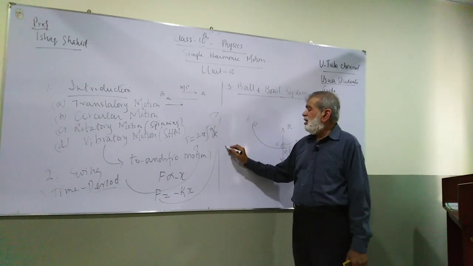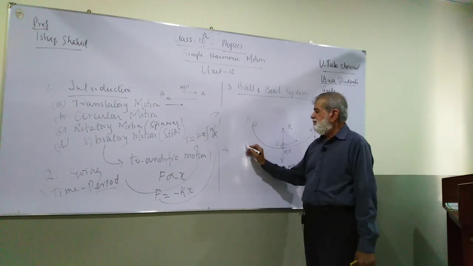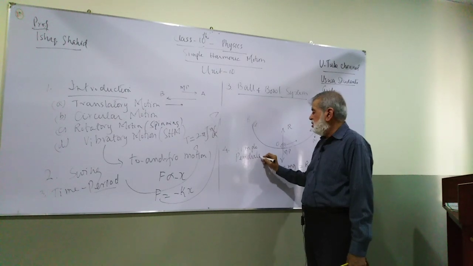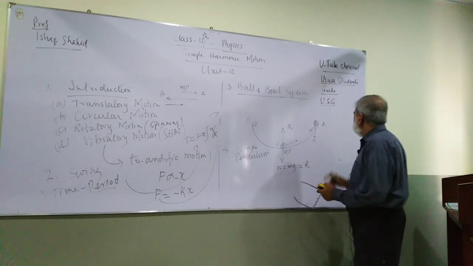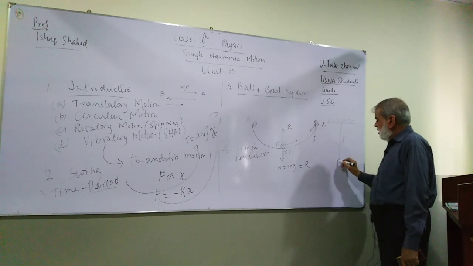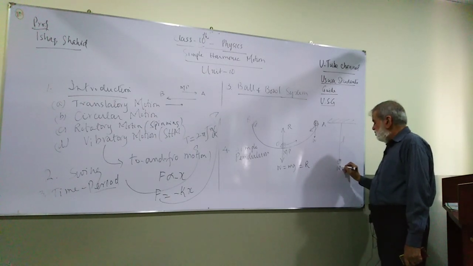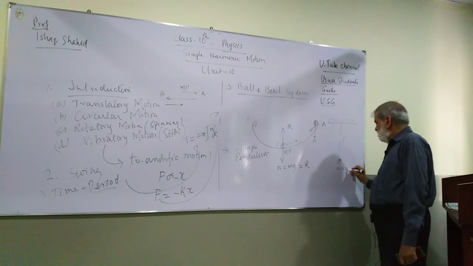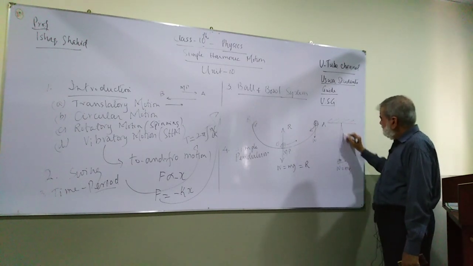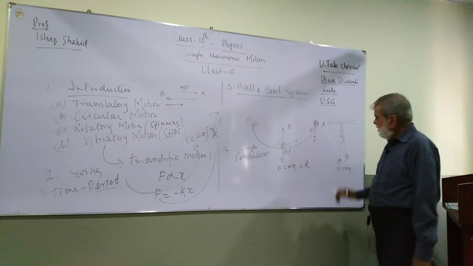We take another example. Now we take the example of a simple pendulum. In a simple pendulum, as we have seen, we take a string of length L and we place a small ball at one end, whose weight is W, and you pull it towards the right through a small angle theta, and then you release it.